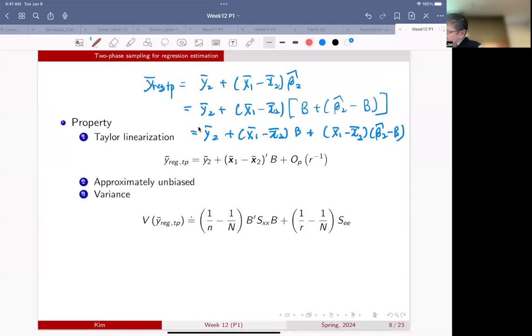So once you do that, then this part is linear, a linear function of the random variables, right? The only random variables are x bar 1, x bar 2, y bar 2, something like that. So we basically made it a linear function of the random variables.